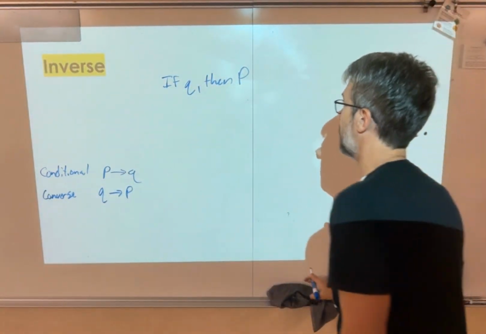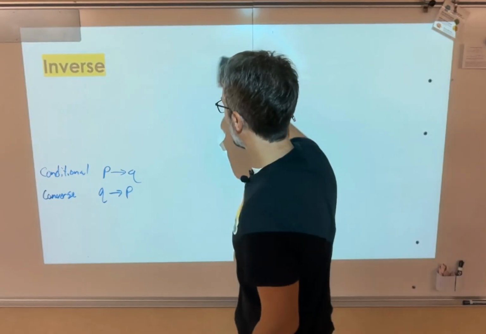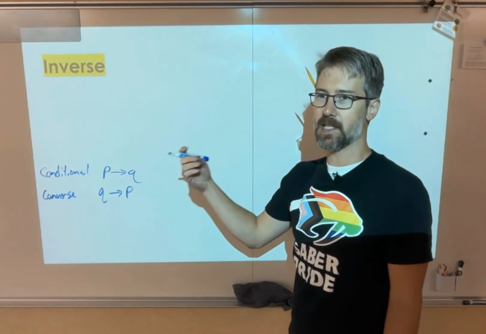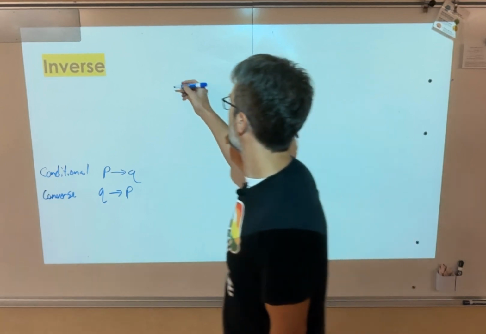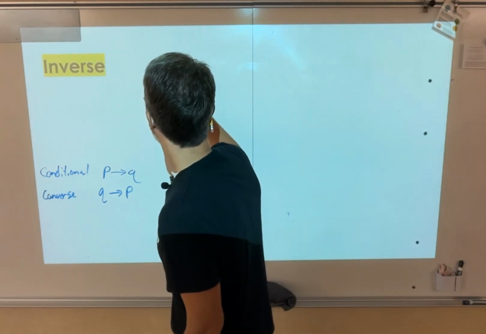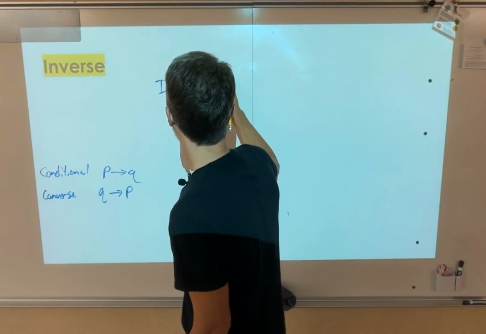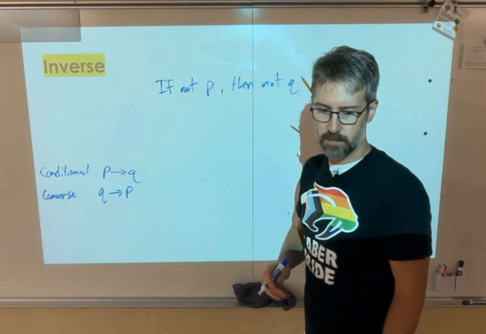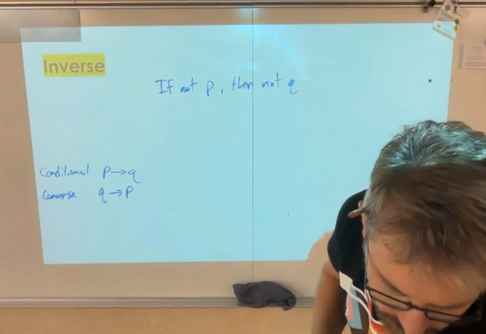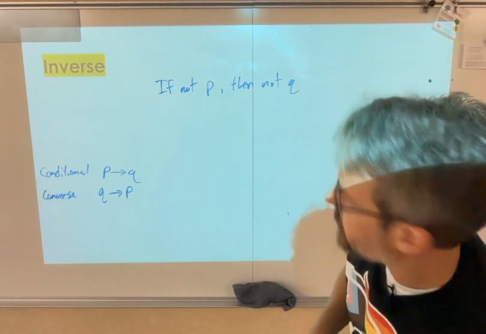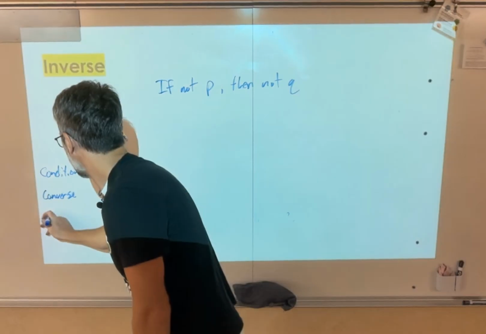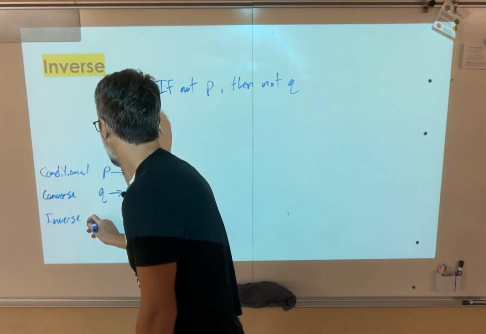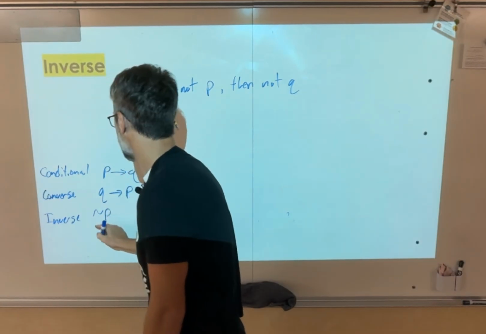All right, our inverse. Now the order is going to stay the same, but it's going to be the opposite. So instead of if then, it's if not, then not. So if not P, then not Q. So in this case, for the inverse, the way that we would write that in this format is you get the little squiggly line there.